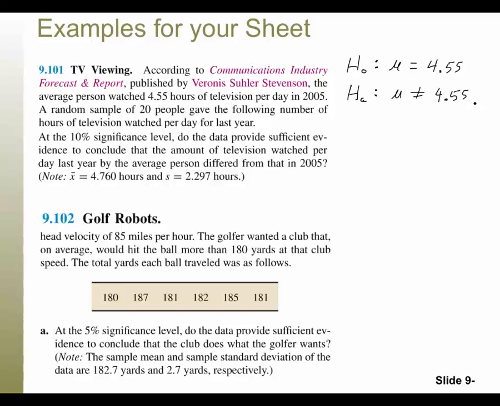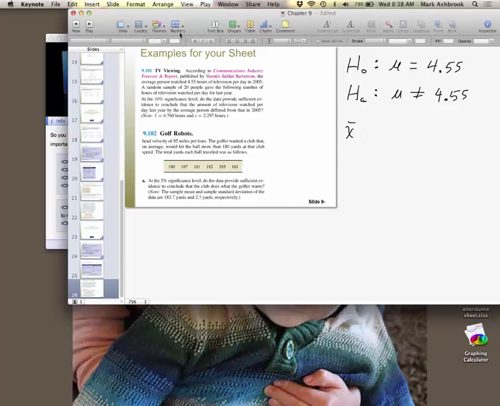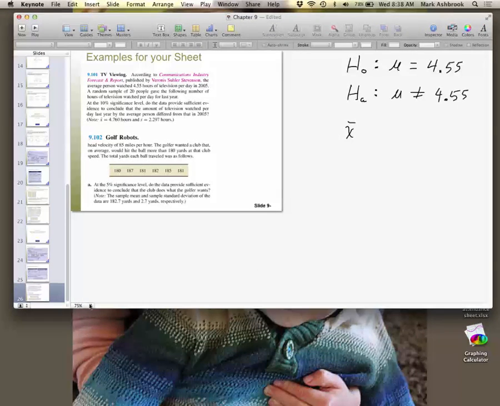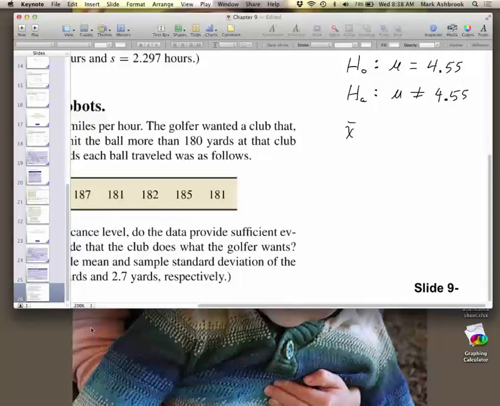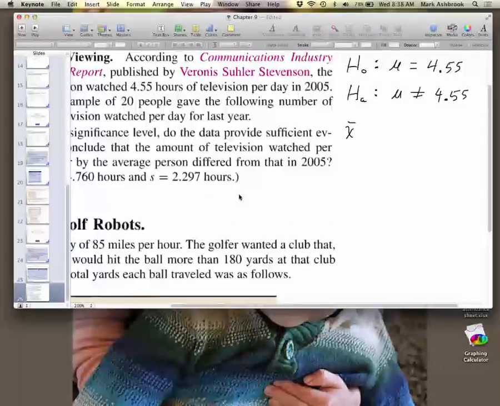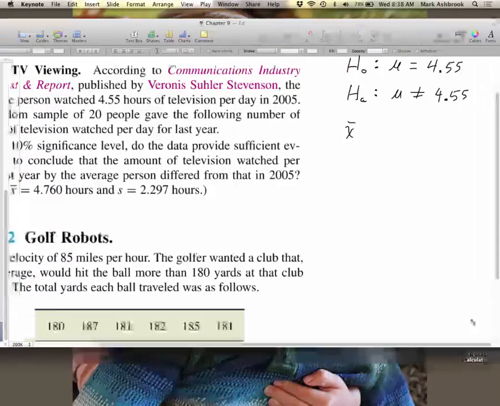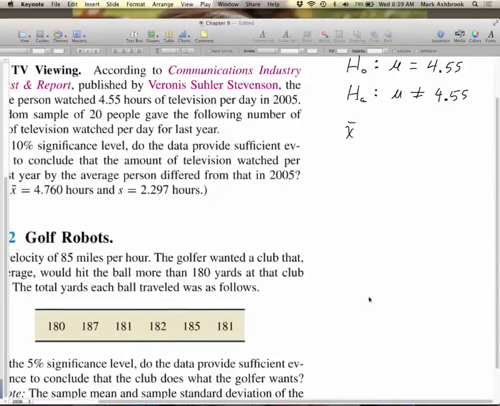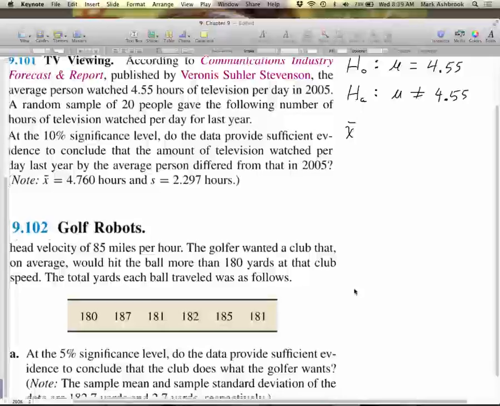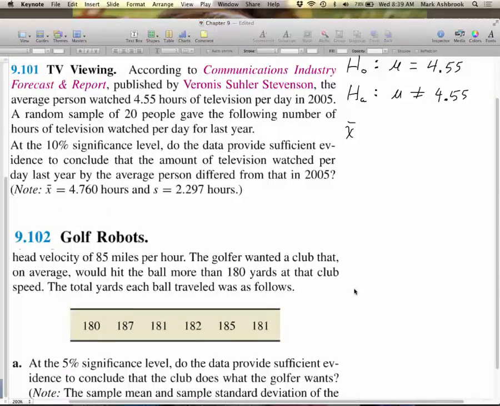Does it make sense? Okay, so we took a sample, and in that sample we got a mean of 4.765.